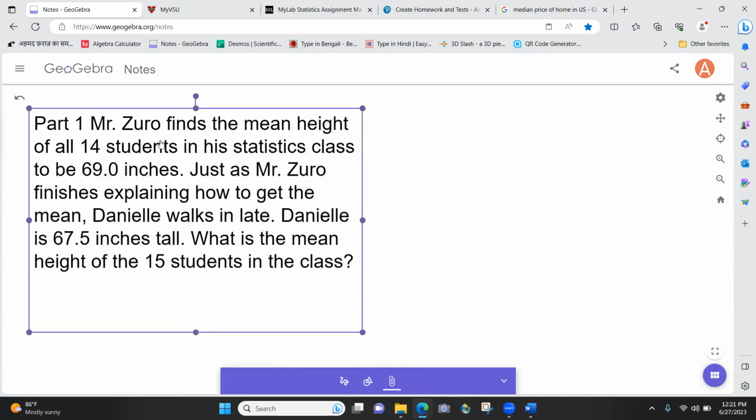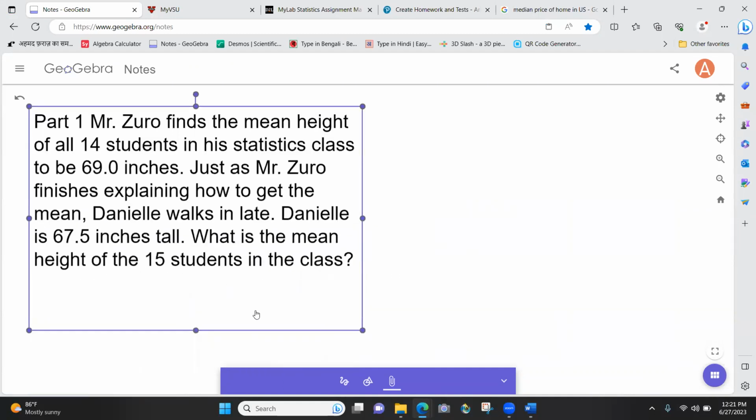And just as he is finishing, Danielle walks in and her height is 67.5 inches.